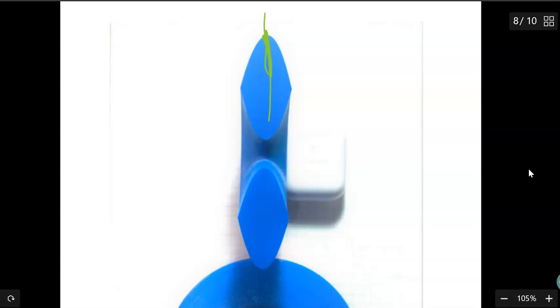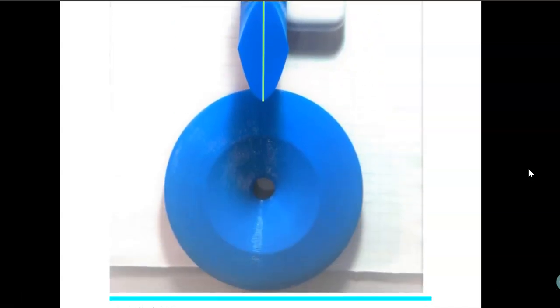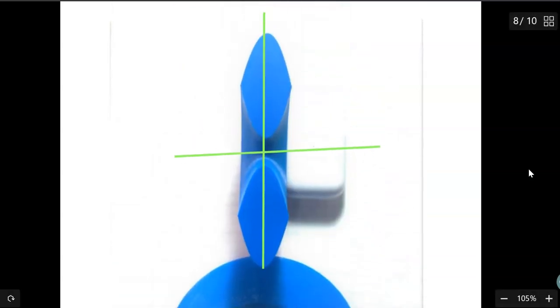I just want to draw a straight line through this, like our y-axis here, and this is the x-axis. That's the half, and this is the full area for this.